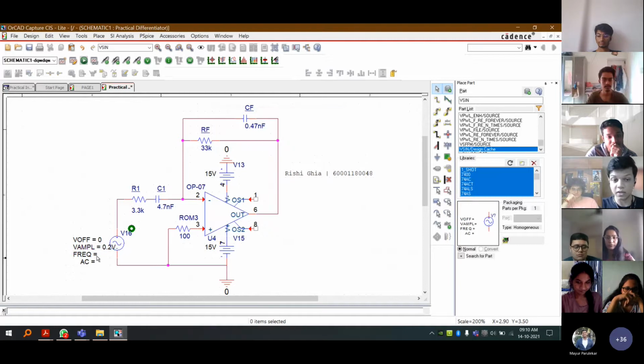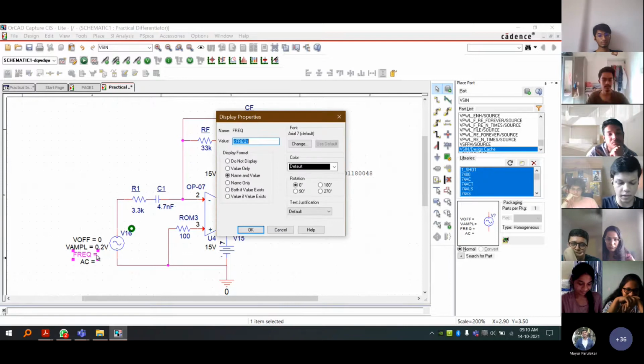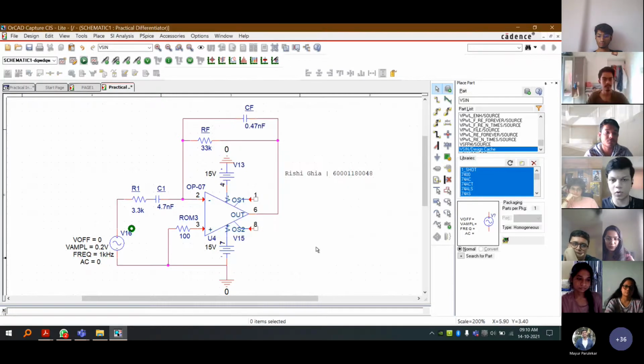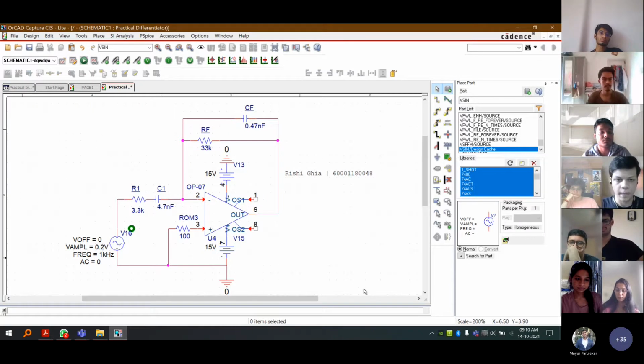So this is why I specifically told you guys about how I did not implement the formula in integrator, but I will have to in differentiator because I'm dividing by 0.2 volts. So I will obviously have to include the formula. Let's start with a frequency of 1 kilohertz. Let's keep it simple and we can try some others. And this is basically the AC, which we do not want. We don't want any base AC voltage. We just want the sine wave. All right. So this is our circuit setup.